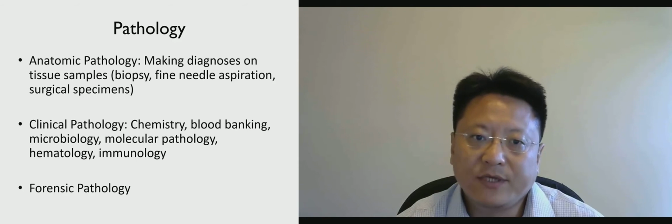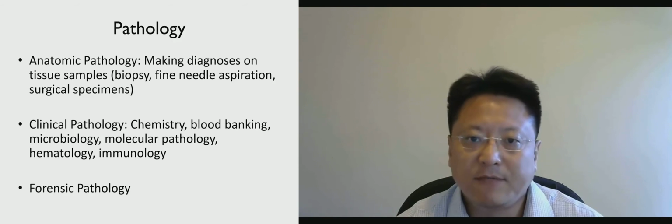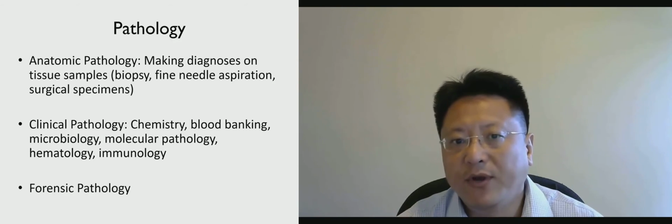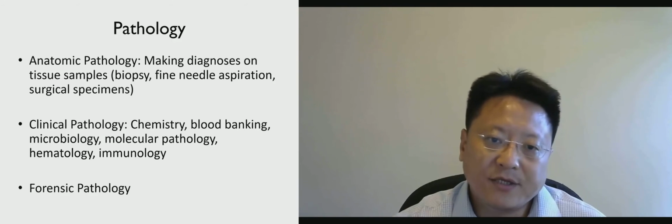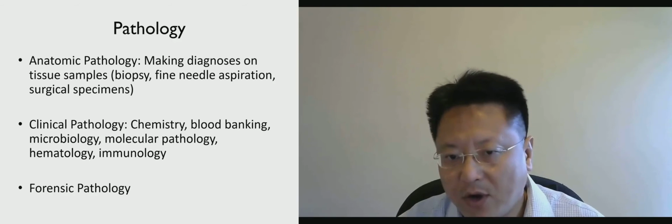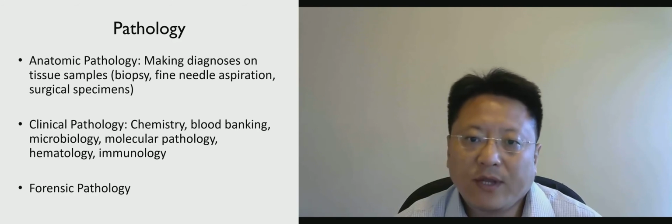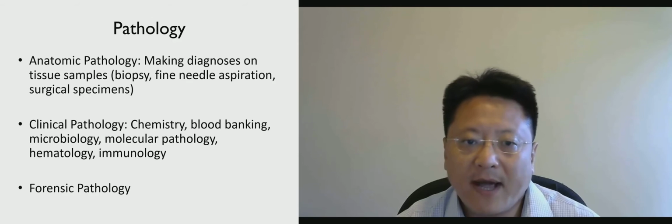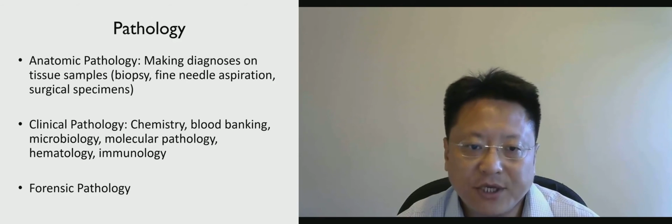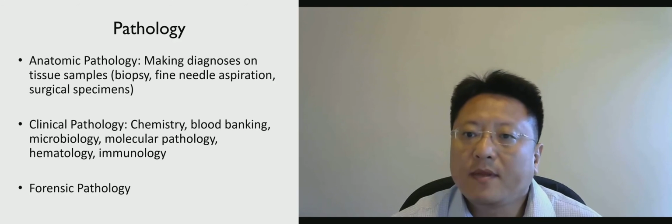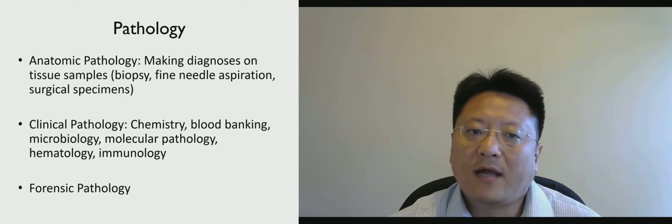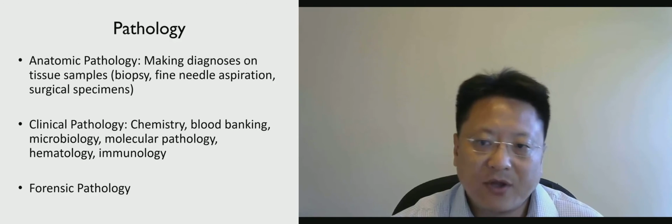We make diagnoses on tissue samples, such as biopsies, fine needle aspirations, and surgical specimens. We also have clinical pathology, which includes all the lab work: chemistry, blood banking, microbiology, molecular pathology, hematology, and immunology. Of course, I will focus on anatomic pathology in today's talk.